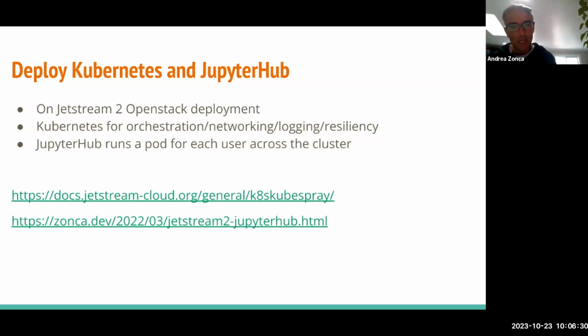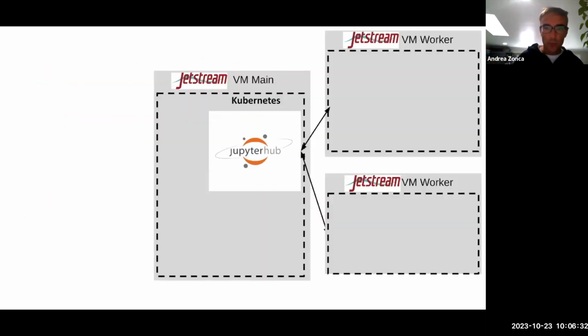If you look at this flow chart, this diagram, you see we have multiple virtual machines on Jetstream. A Jetstream virtual machine is a standard Ubuntu with different sizes, so you can choose if you want a few cores or if you want 16 or 32 cores, and the same thing with memory.